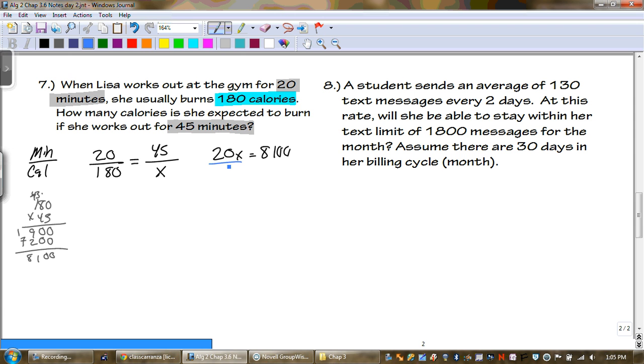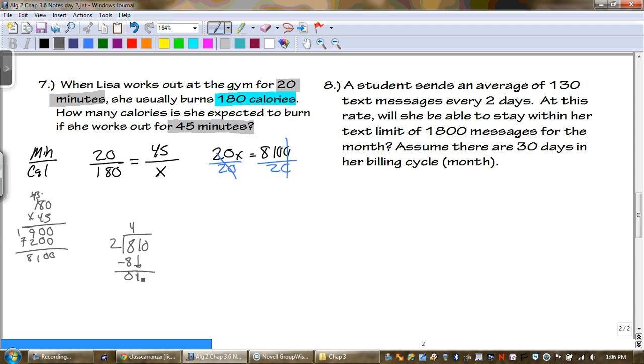All right, so let's divide both sides by 20. And right away, I'm going to cut those zeros out. So if we're doing this long division, you got 810 divided by 2. 2 goes into 8 4 times. You're not done.